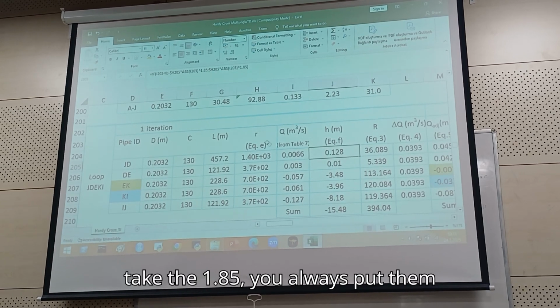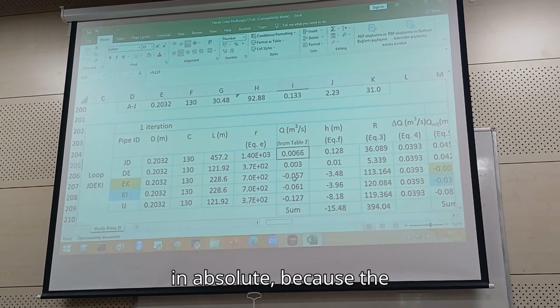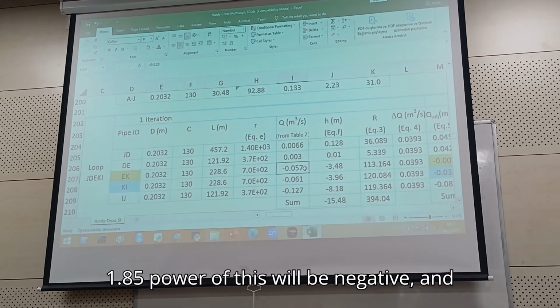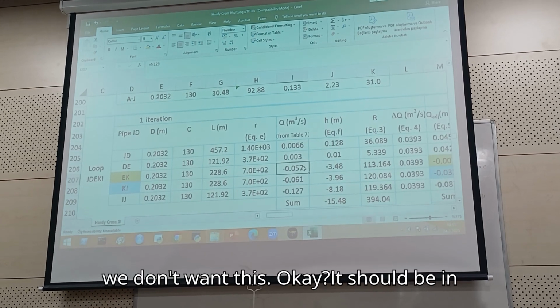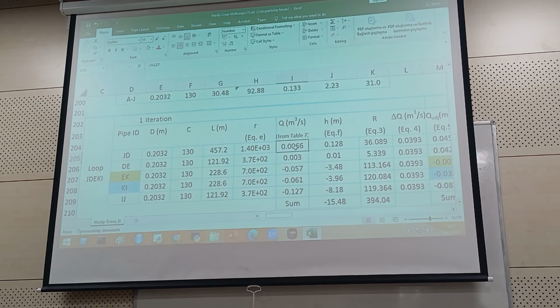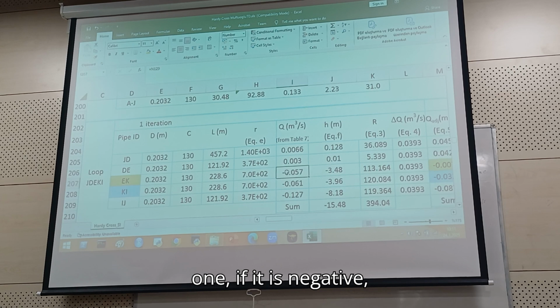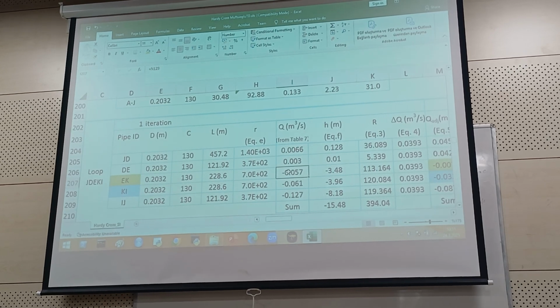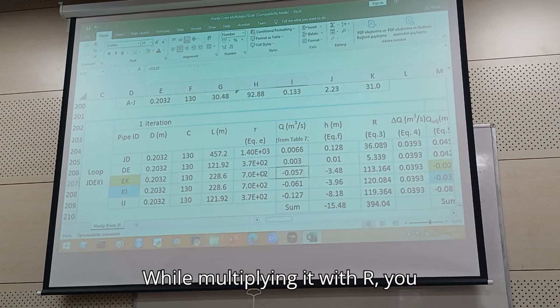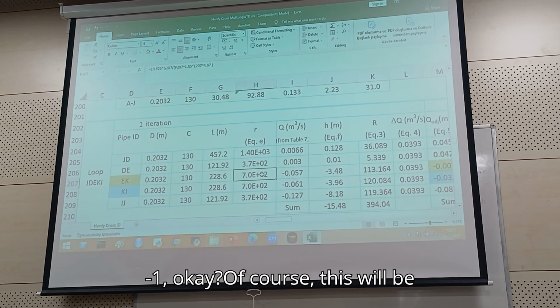When you take the 1.85 power, you always put them in absolutes, because the 1.85 power of this would be negative, and we don't want this, okay? It should be positive. And you find the h value. But for this one, if it is negative, while multiplying it with r, you are multiplying it also by -1, okay?